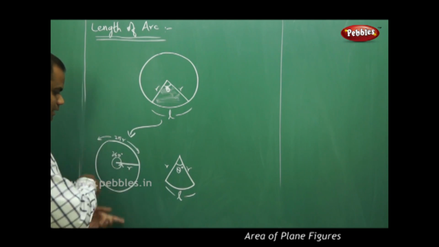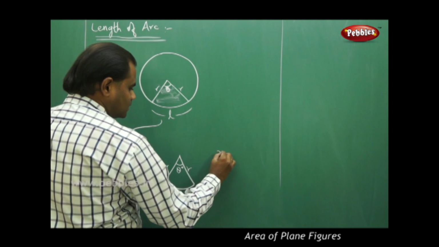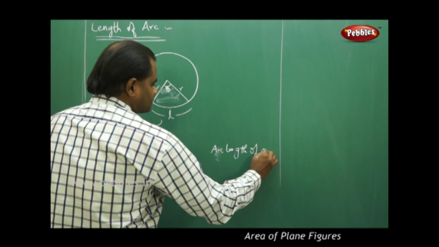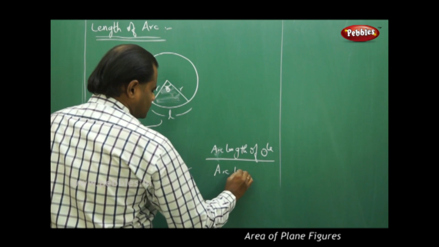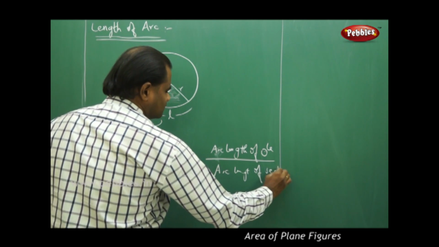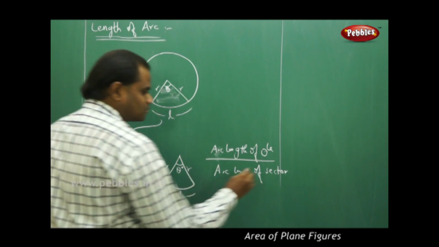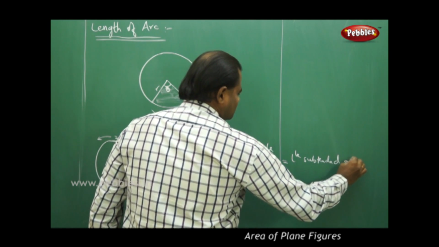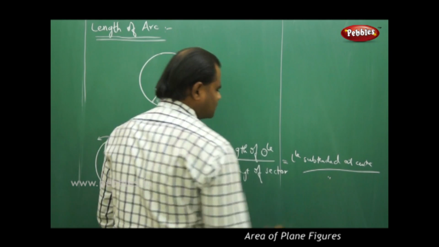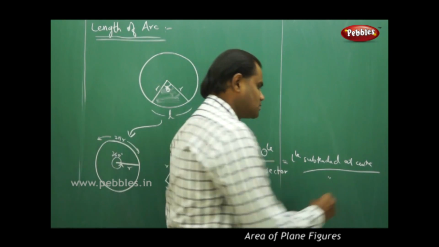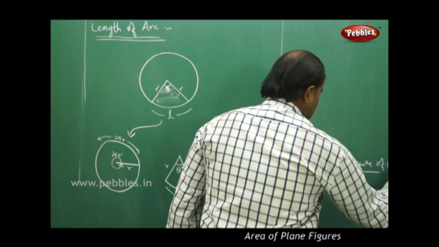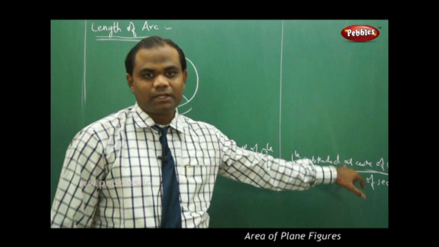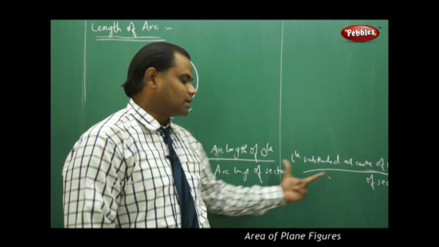If I take the arc length of the entire circle, which is nothing but circumference, the arc length of circle divided by arc length of sector is nothing but the angle subtended at center by the circle divided by the angle subtended at center by the sector. This is for circle and this is of sector. So this is how they are proportionally equal, connected to lengths of arcs and the angles.